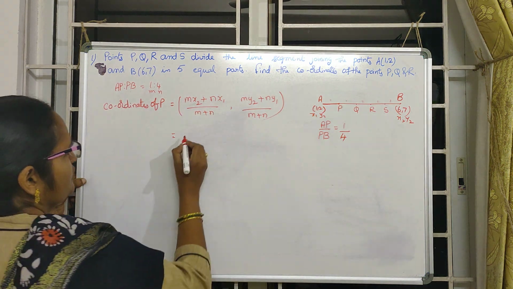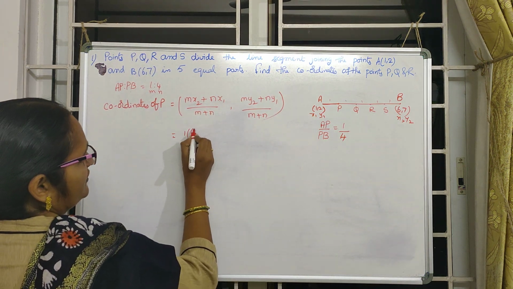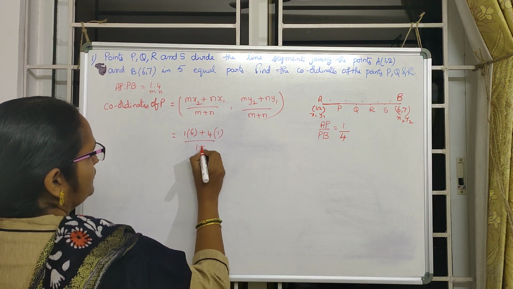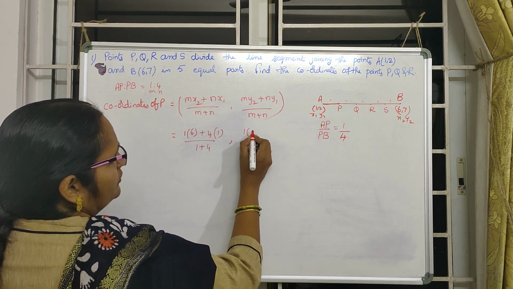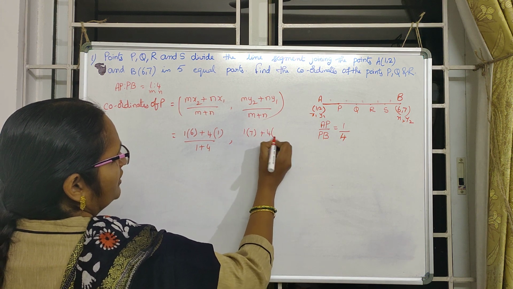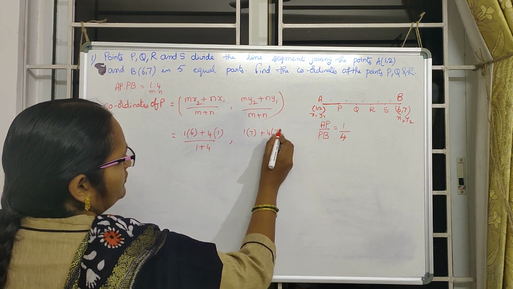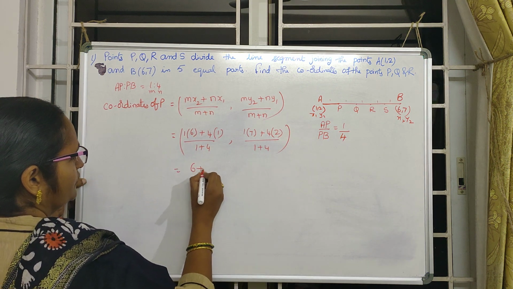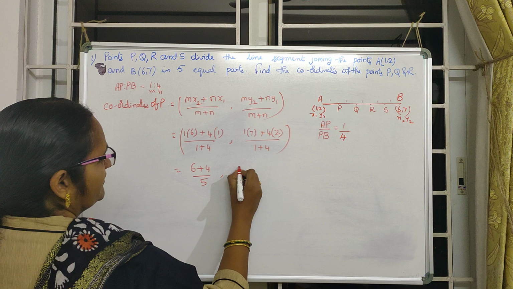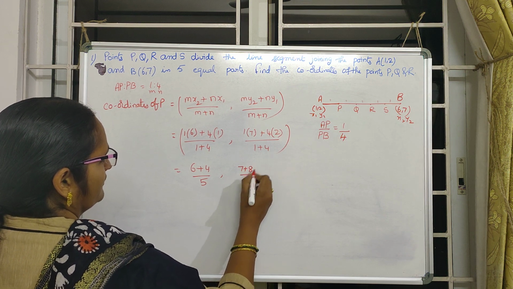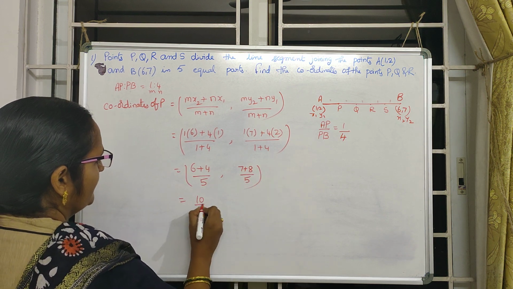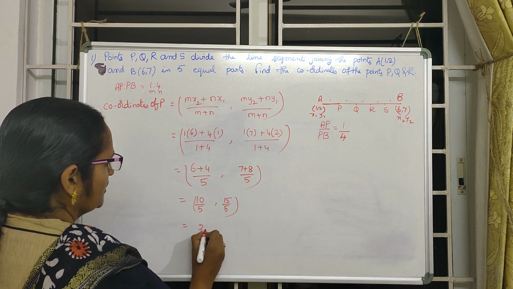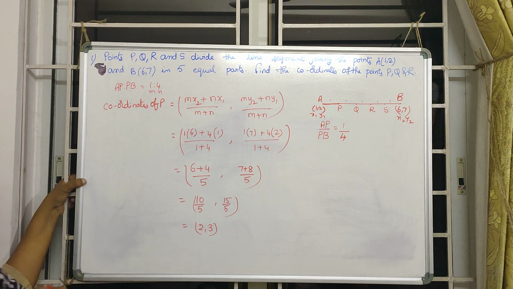So here m is 1. 1 into x2 which is 6 plus 4 into x1 which is 1, by 1 plus 4, comma 1 into y2 which is 7 plus 4 into y1 which is 2, by 1 plus 4. This is (6 plus 4) by 5, comma (7 plus 8) by 5. 10 by 5, comma 15 by 5. 10 by 5 is 2, comma 3. This is the coordinates of P.